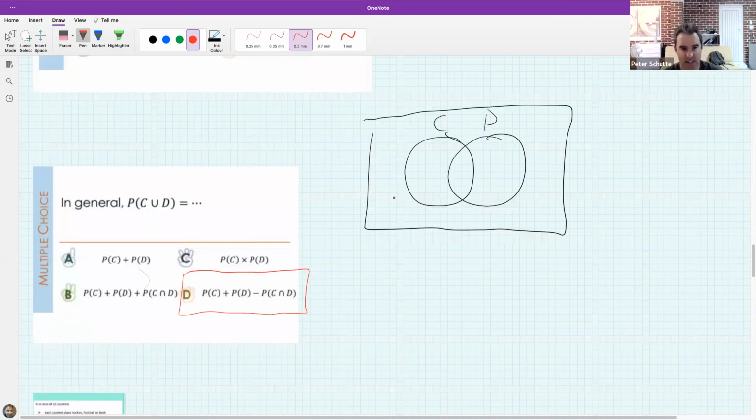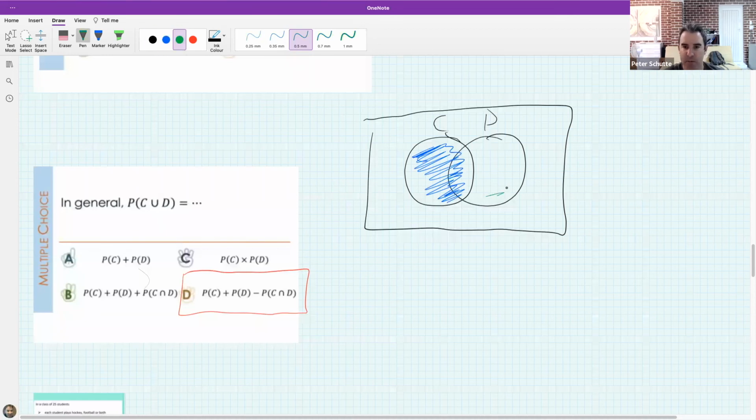The reason it's D is that if you think about the region, C or D is this whole region over here. And how do we get that region? Well, if we use this formula, if we add the probability of C, it's basically going to be this region.